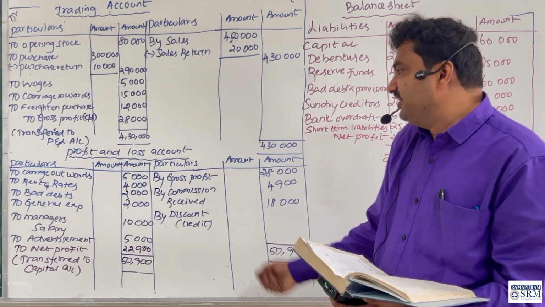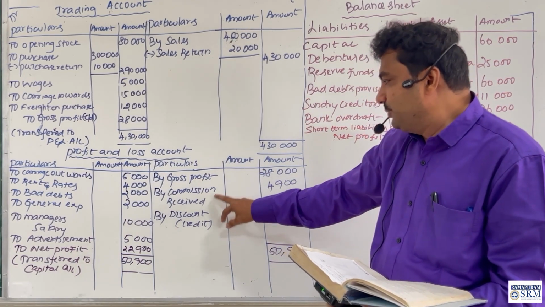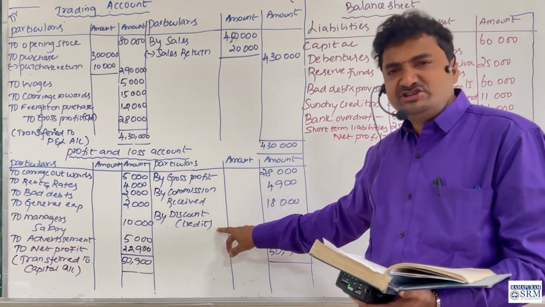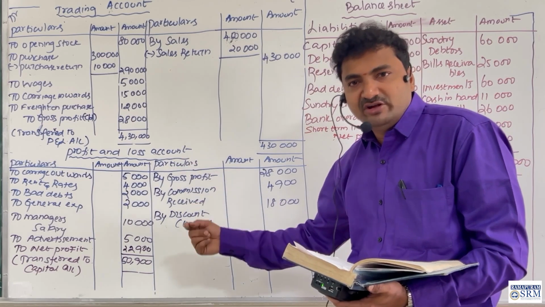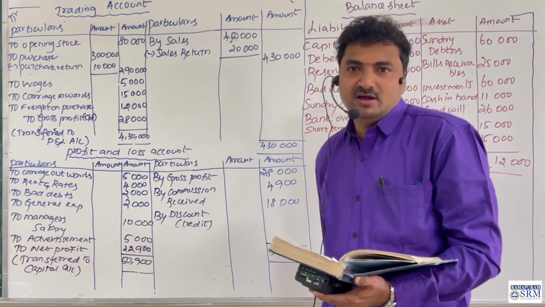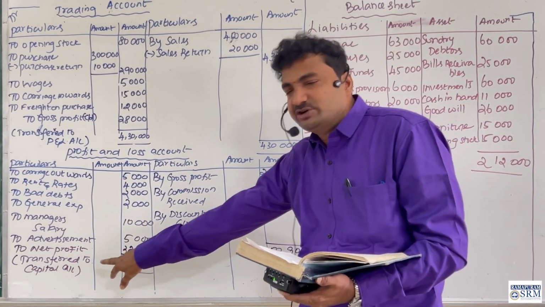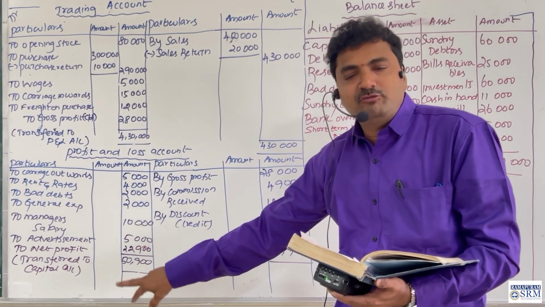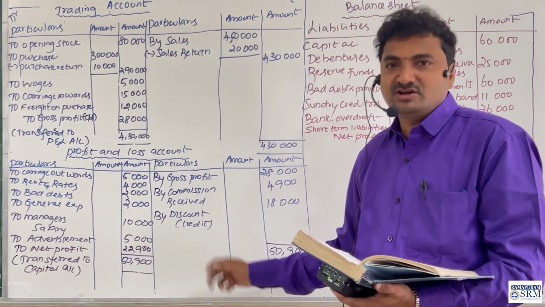Then other items like commission received, discount received, all this income you input in the profit and loss account credit side. Now you have to find out your company's net profit or net loss.